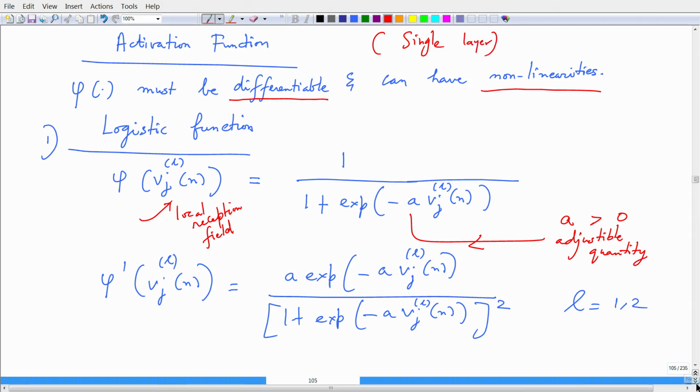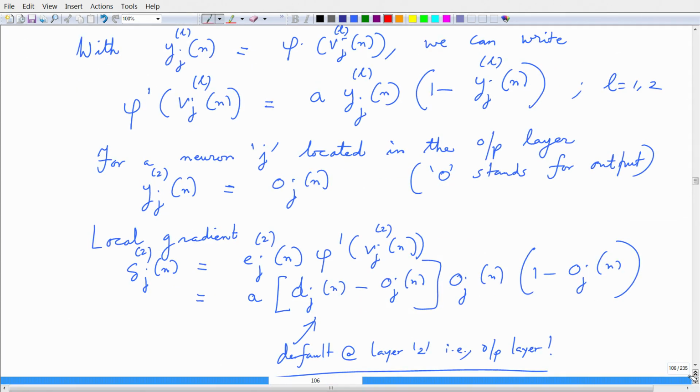But this is not restrictive to just a single layer, we can do it for any Lth layer. Now, Yj(n) is basically phi of Vj, and if you do straightforward algebra, phi dash of the local reception field is a times Yj times 1 minus Yj.